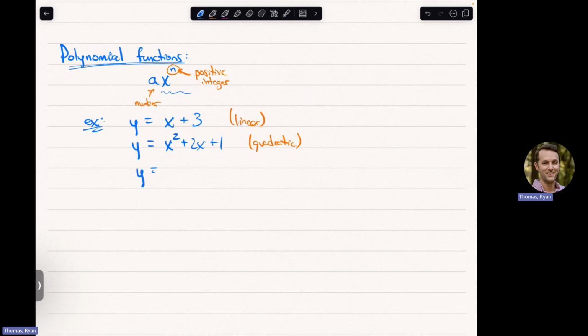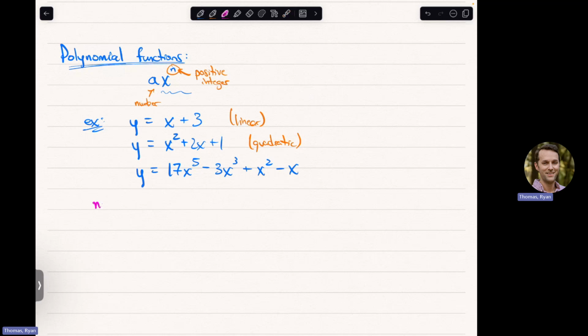Here's another example: 17x to the 5th minus 3x cubed plus x squared minus x. That's a polynomial. Don't worry about the naming part, but the conditions that we want to check are that each term has a real number as its coefficient, so we're not going to see i show up as a coefficient, and the exponent has to be some positive integer, so a positive whole number.